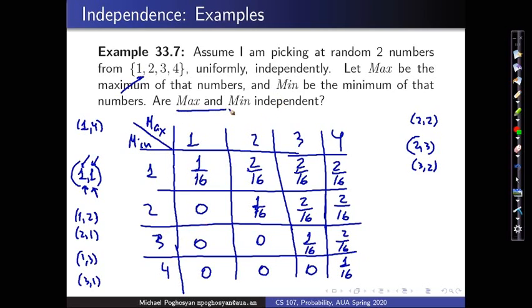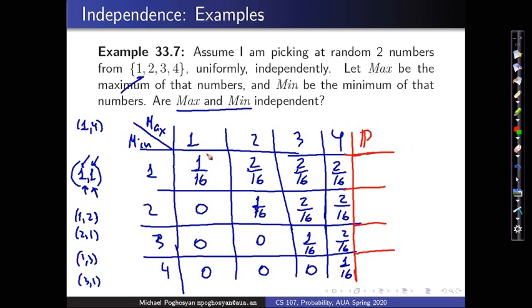Now I want to check if max and min are independent. To that end, I need to construct the marginal PMFs. We have already obtained the joint. So, marginal PMF for minimum. This random variable min is equal to that particular value 1, 2, 3, 4. I'm adding all these numbers.